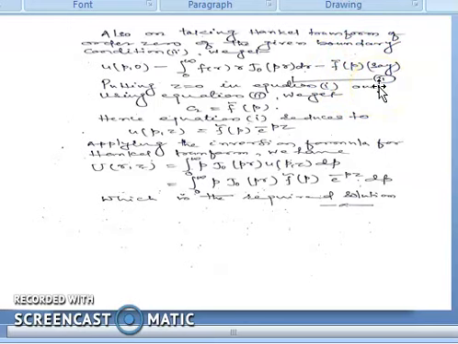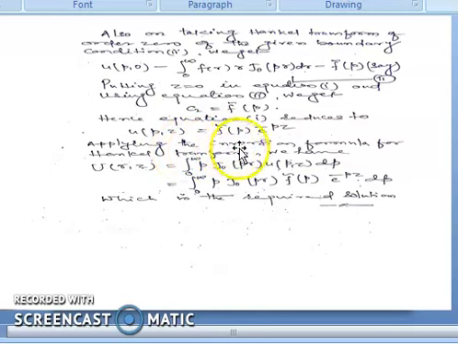Now putting z equal to 0 in equation 1 and using equation 2, we get c2 equal to f bar of p. Hence equation 1 reduces to u bar of p, z equal to f bar of p e to the power minus pz, because the value of c2 becomes f bar of p.